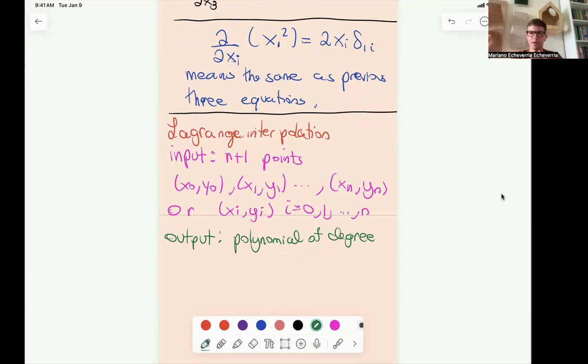So the polynomial would end up being a line, not a parabola. I'll just call it ln of x. It's a polynomial of degree at most n which passes through all these points.